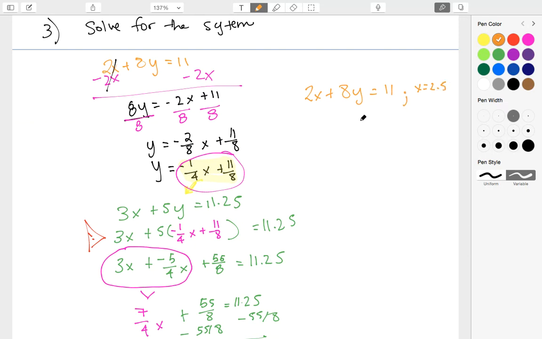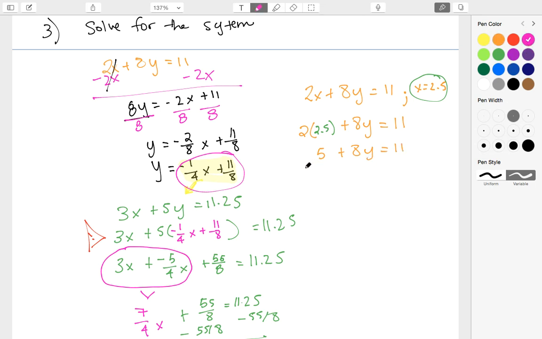Then I can go ahead and substitute. So I'll have 2 times 2.5 plus 8y equals 11. This is great because I have only one variable. This will become 5 plus 8y equals 11.